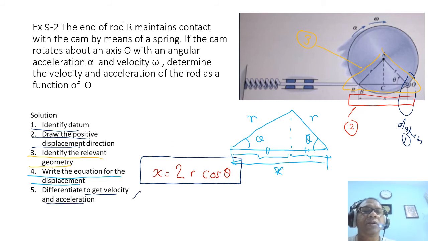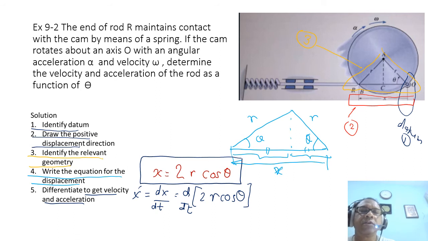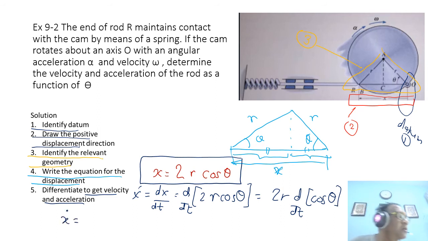So x dot equals dx over dt, so d over dt of 2r cos theta. r is constant, so we can put 2r d over dt of cos theta, and we will have x dot equals minus 2r sin theta theta dot.